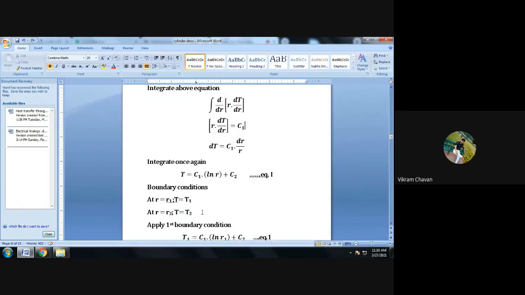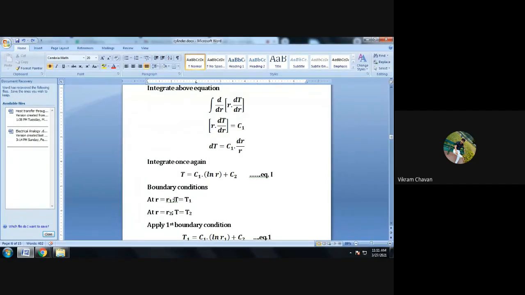We will get the boundary conditions by considering the diagram only. When we are at the internal surface of the cylinder, at that point the radius is R1. At that moment, the temperature of that internal surface is T1. So when R is equal to R1, T becomes T1.